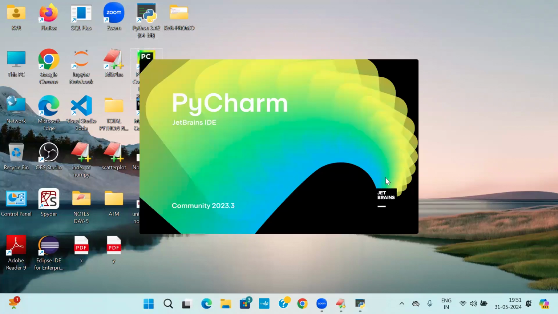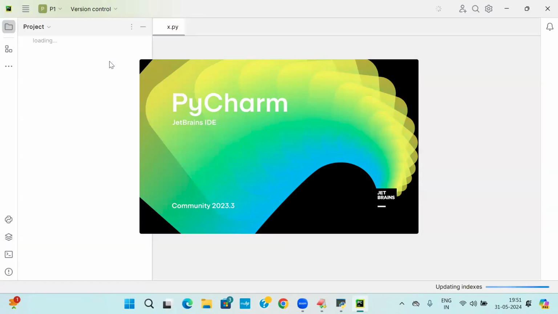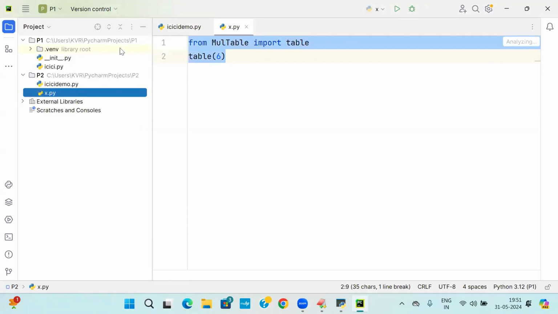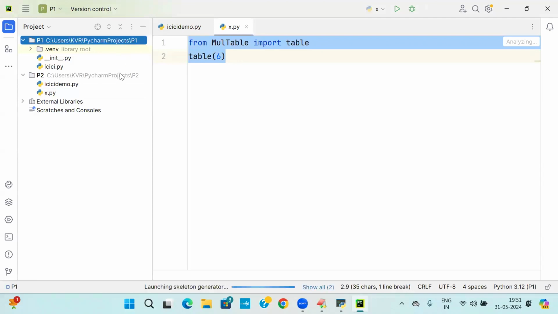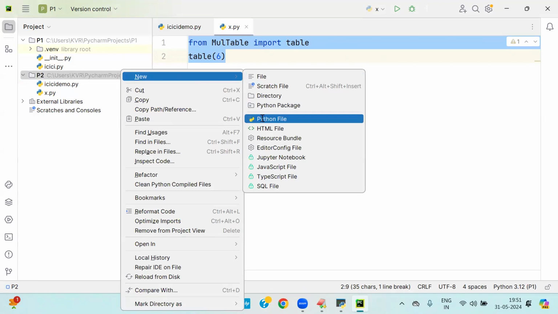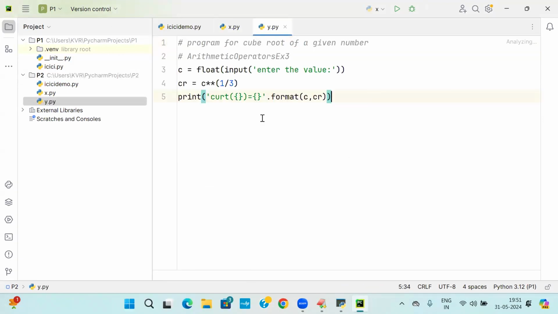Whatever you have written, I copied that and I will post it. So I'm taking one small thing here, y.py, and posting that. Enter the value and try to run this now.